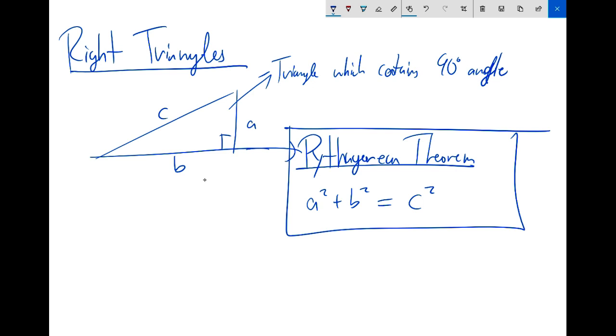These are sometimes called legs or sides of the triangle. The long side is always called the hypotenuse.